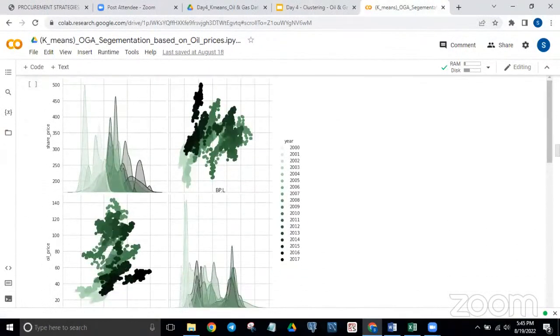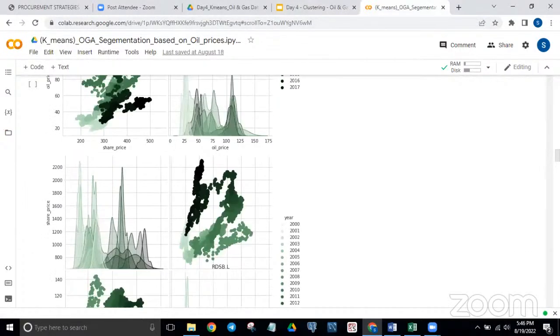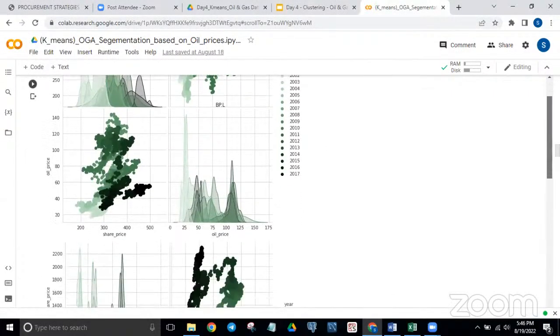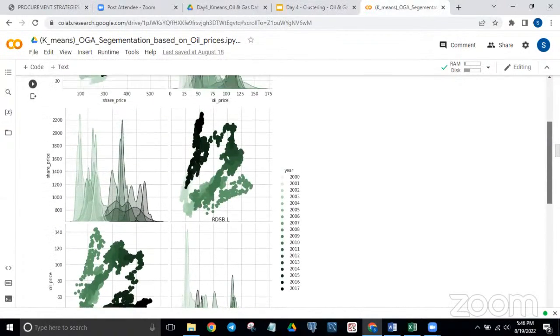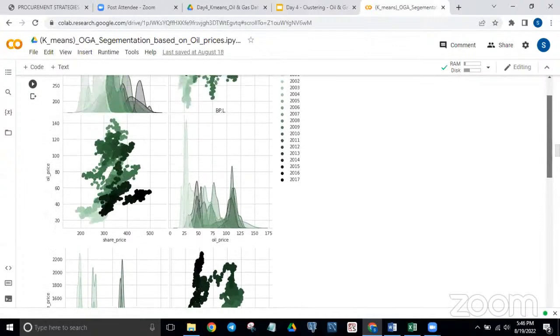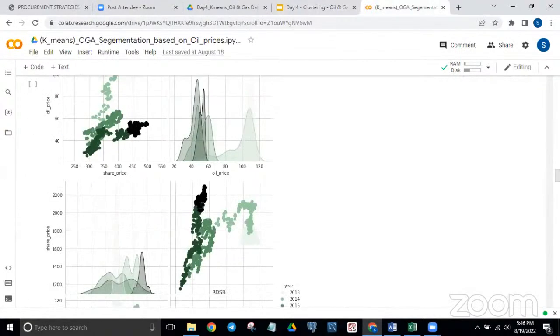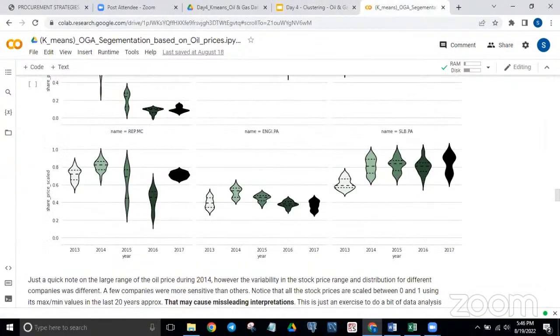I have tried to compare these two values, share price and oil price, for different companies. You can see this analysis for different companies. I have tried to find the correlation between these values. So that is the analysis we have here.